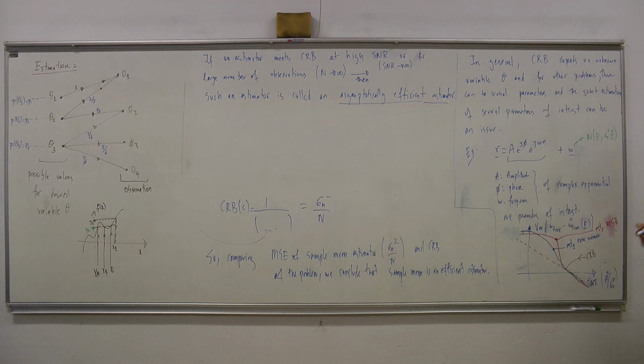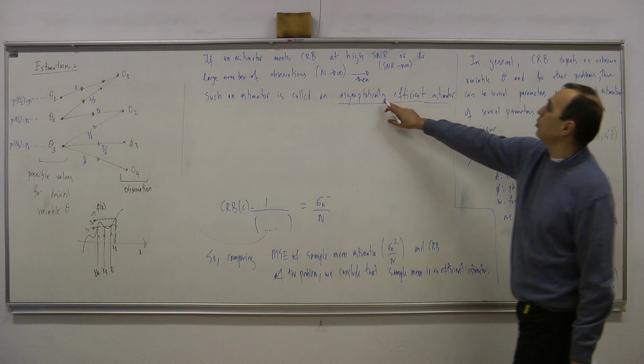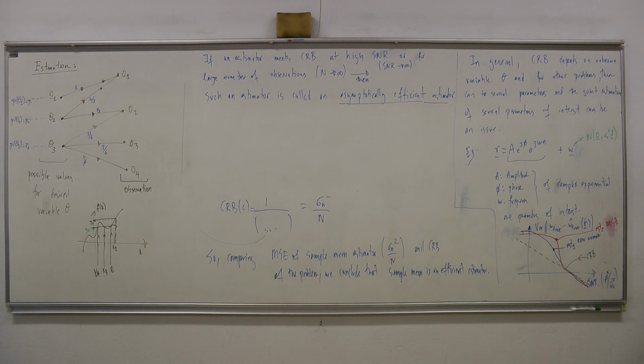Okay, so this is a definition. As you see, as SNR increases, suddenly some of these estimators are converging. Suddenly means in a narrow range of SNR. They converge to this Cramer-Rao bound. Okay, so those estimators converging to this Cramer-Rao bound, they are called asymptotically efficient estimators.